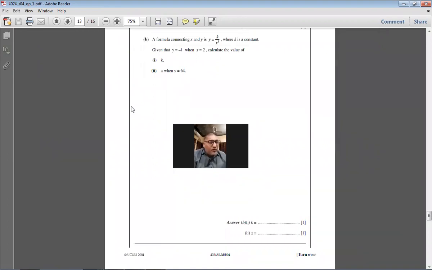It says a formula connecting X and Y is Y equals K divided by X cube, where K is a constant, given that Y equals -1 when X equals 2. Calculate the value of K. That's the first part. And the second part is X. Calculate the value of X when Y is equal to 64. So this is that question.